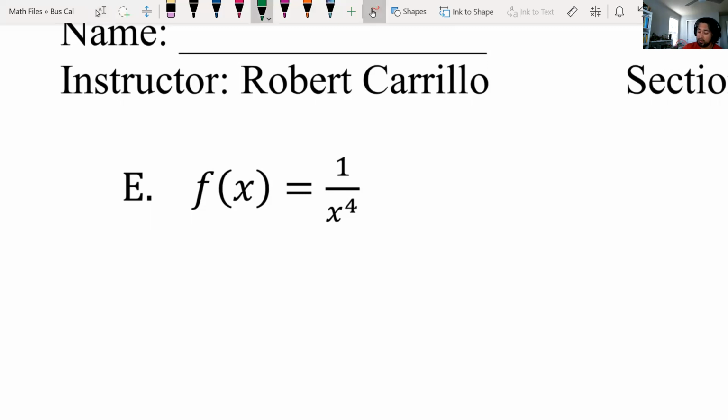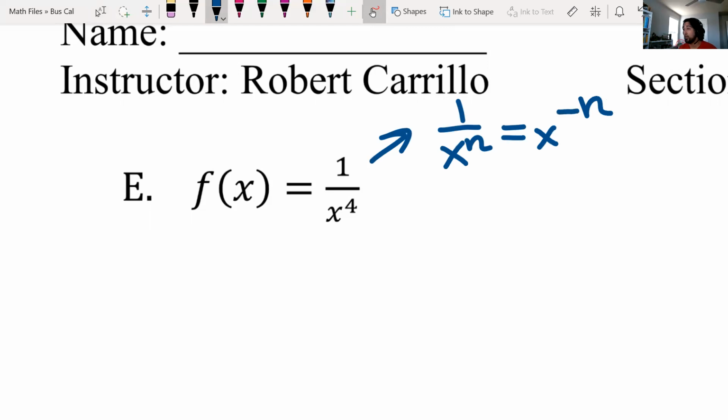And what we're going to do again is introduce this algebraic rule again. So remember, if you have 1 over x to the nth, you can rewrite it as x to the negative n. And this is what we're going to have to do in order to use the power rule for the derivative.